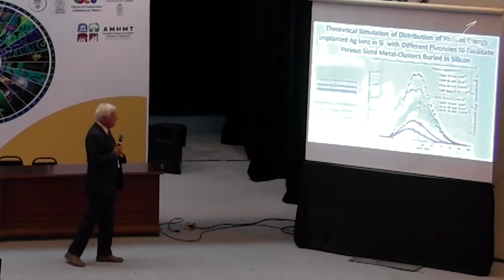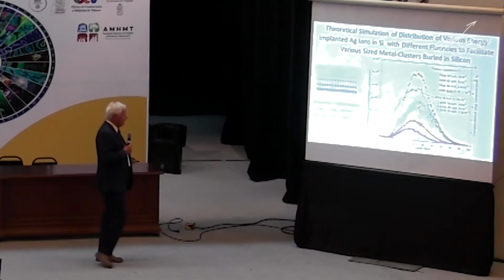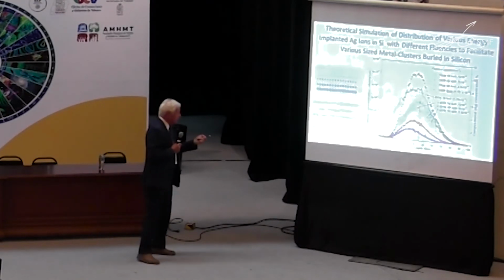So, if we did a theoretical simulation of the distribution of the various energies of implanted silver ions in silicon with different fluences to facilitate these various size metal clusters, let's say we've done this experiment. We've simulated by implanting 58, 68, and 78 keV silver ions into silicon.